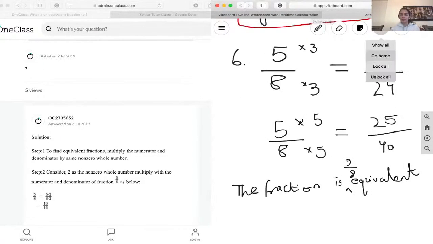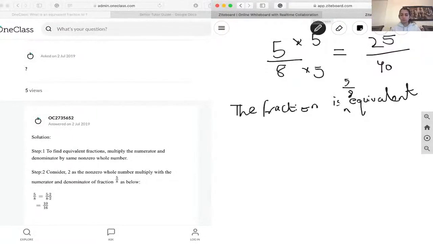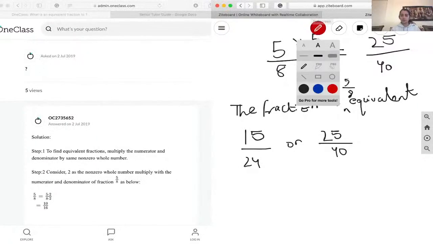It's the same thing. Again, if you put it in the calculator, if you divide 5 by 8, you're going to get the same value as when you divide 15 by 24. And that is our final answer.